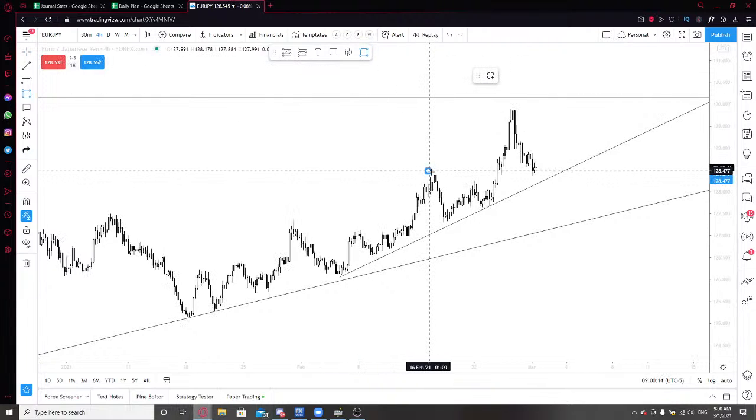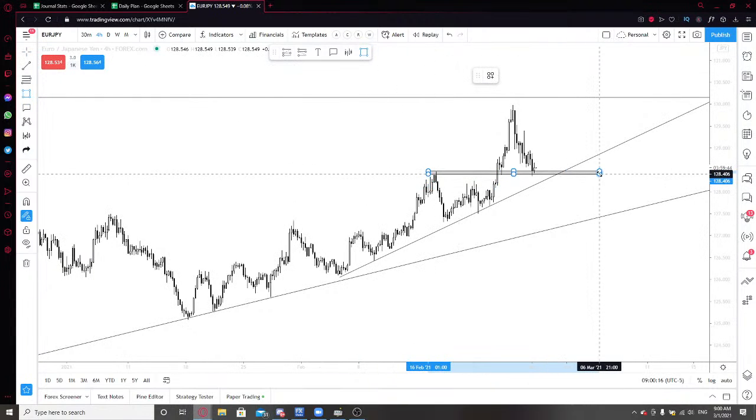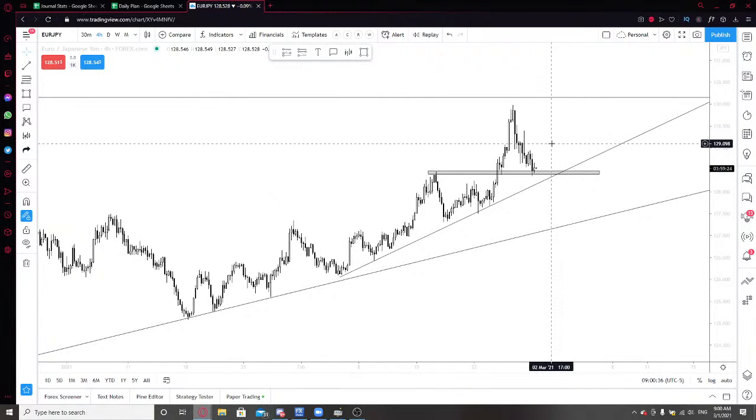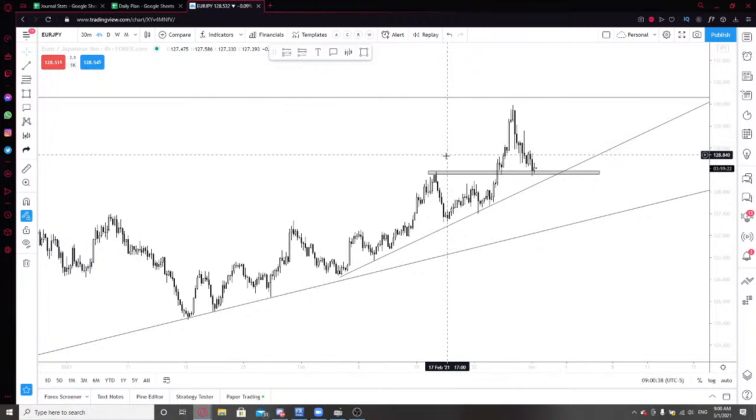And once it reached this area, or basically off of this area, this is where I'm looking for an initial rejection. Not necessarily looking for it to shoot off exponentially or anything like that. I just want to see the type of reaction that forms here, and we'll see how price reacts.